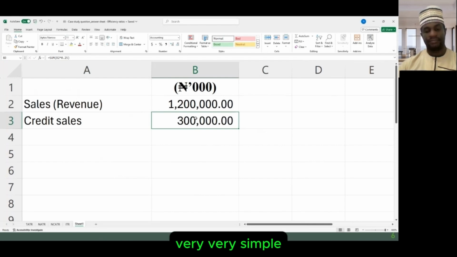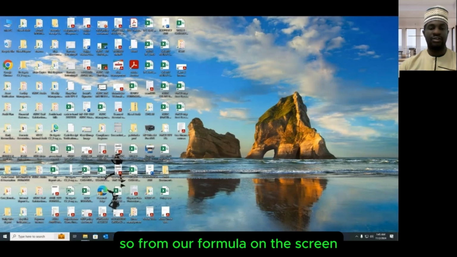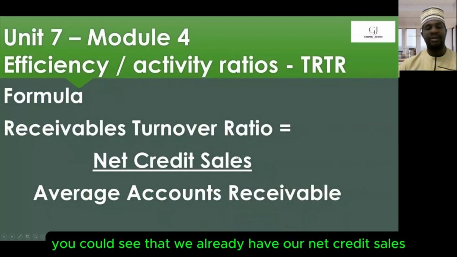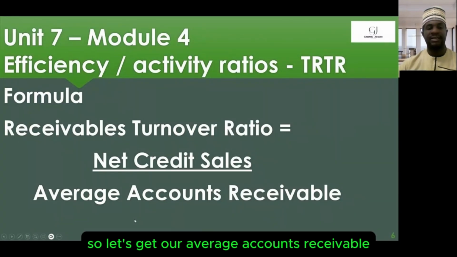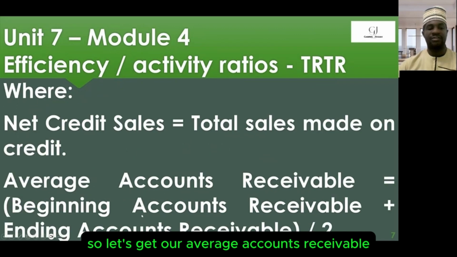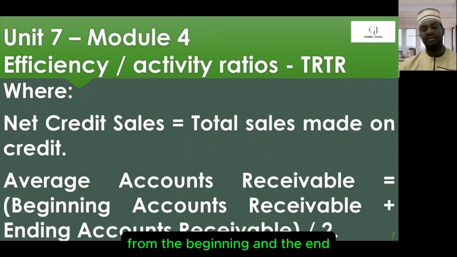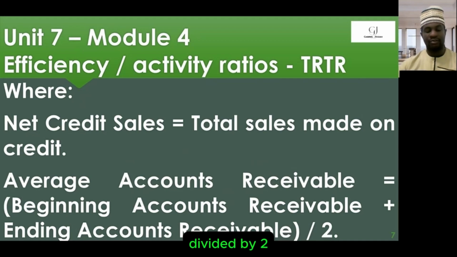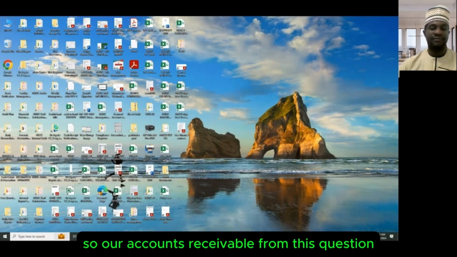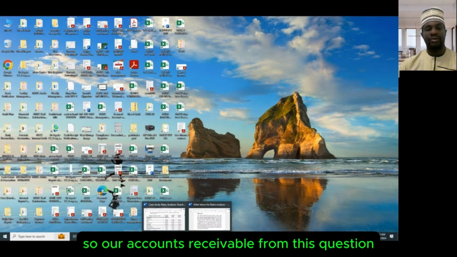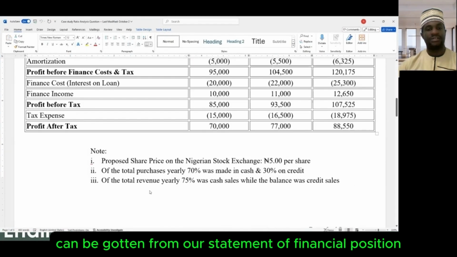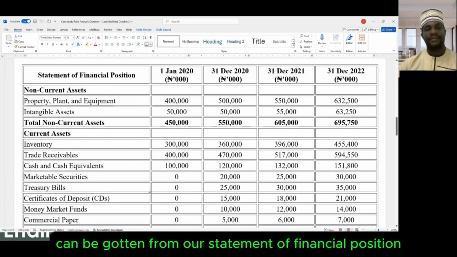Very, very simple. So from our formula on the screen, you could see that we already have our net credit sales. So let's get our average accounts receivable, which is the accounts receivable at the beginning and the end, divided by 2. Our accounts receivable from this question can be gotten from our statement of financial position.